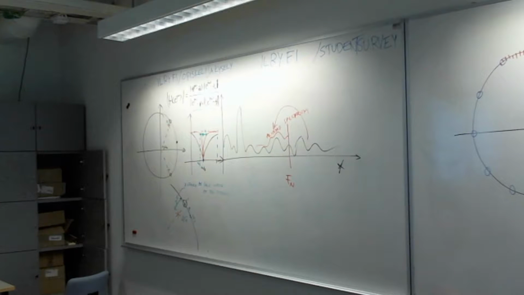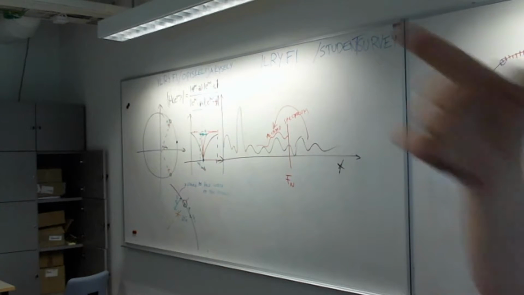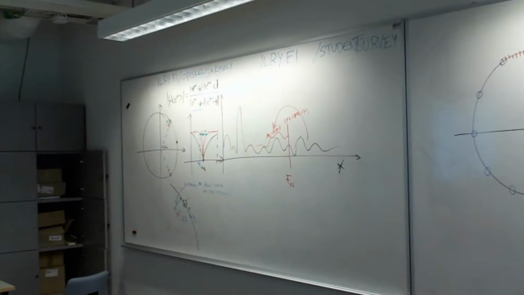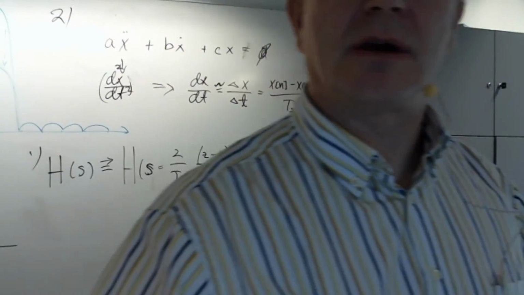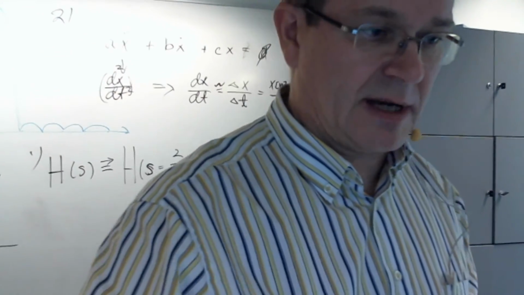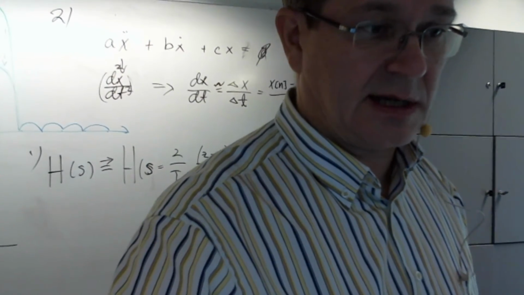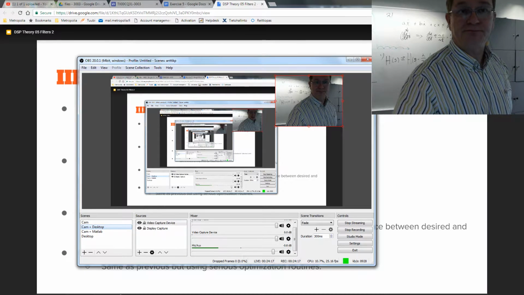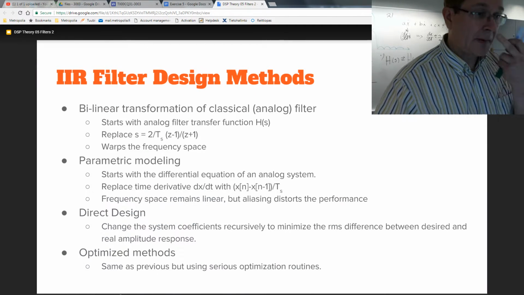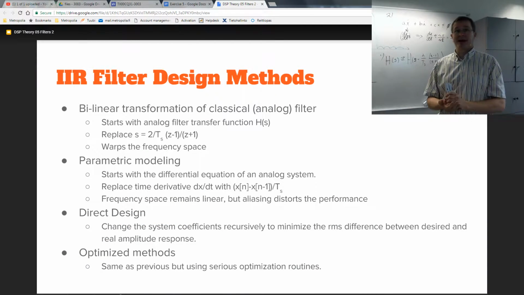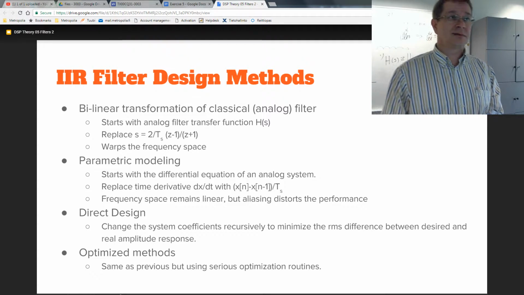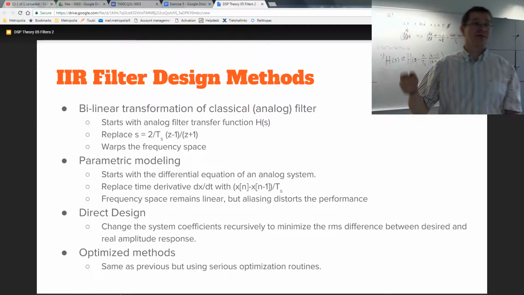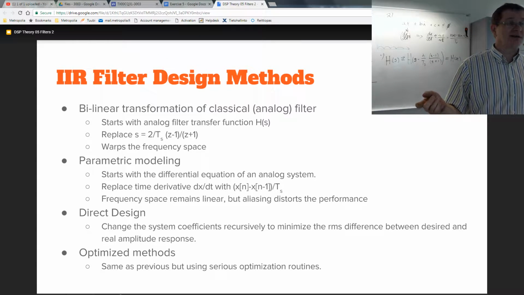But then there's also this fourth method, optimized methods. Now we are talking about something that someone has already done for us. There is plenty of research done on this field because there's a big need for IIR filter design.